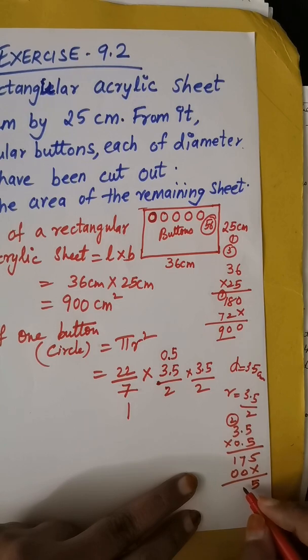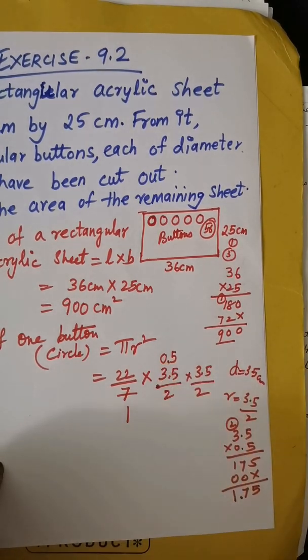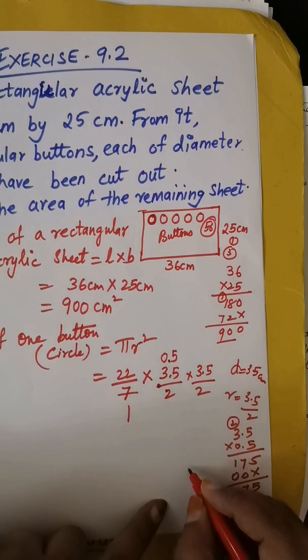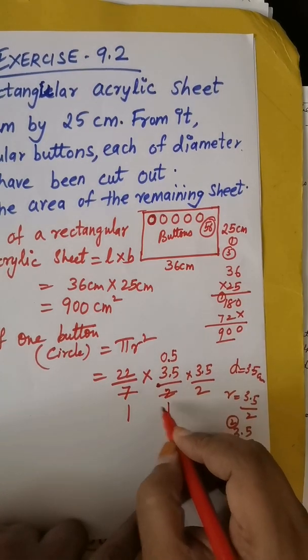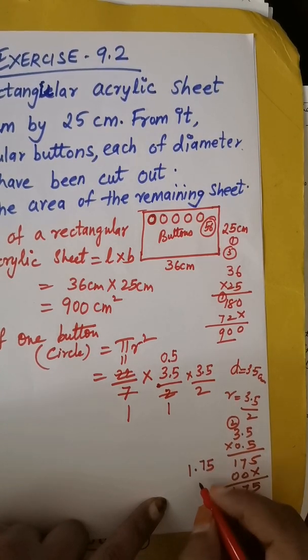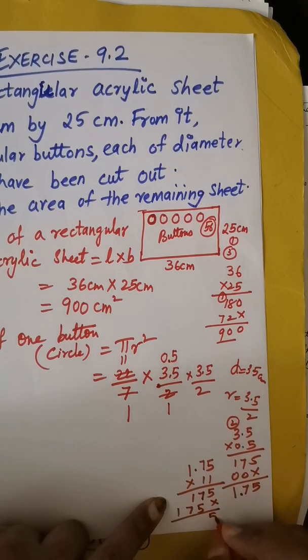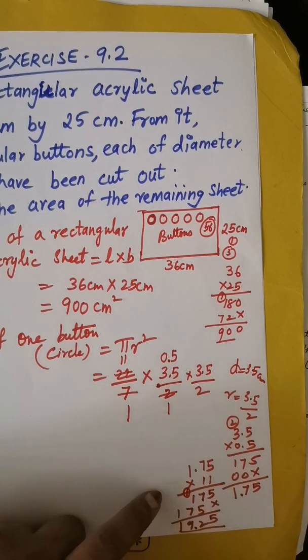So 5, 7, 1. 1 number, 2 number dot. So when you multiply 3.5 into 0.5, the answer is 1.75. Now you have to multiply it with 2 ones are 2, 11. 1.75 into 11. So it is going to be 5 7 1, cross mark, 5 7 1. So 5, 12, 7, 8, 9, 1. So it is going to be 19.25.